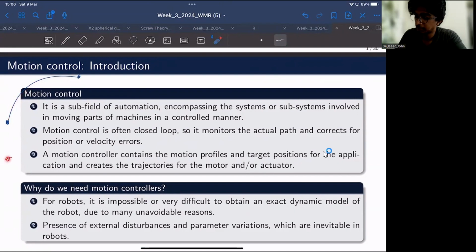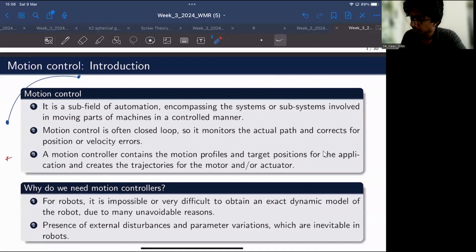If it starts from here, it will converge to the start position, then try to track along the desired path. If the motion controller finds that the robot is deviating away from the desired trajectory, it will compensate and bring the robot back to the desired trajectory, depending on how you design the controller.